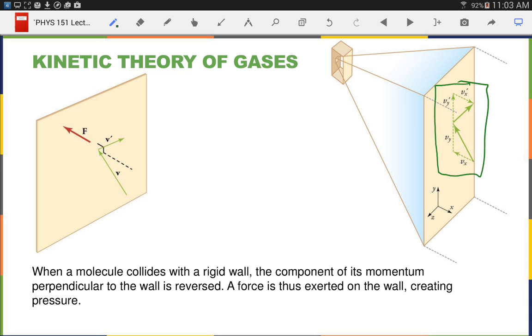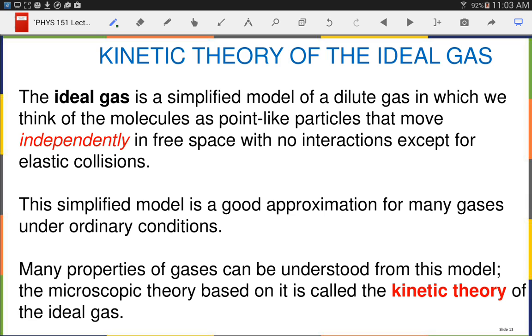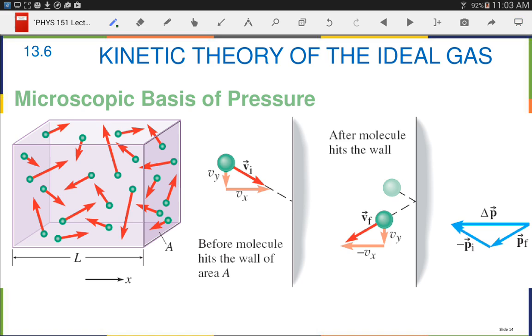So let's look at a box filled with a lot of molecules. After this slide, I put that in because it once again defined ideal gases. I have a box here, and I'm going to look at just this side of the box, and I'm going to calculate the average pressure on that side of the box. Now, I'm going to introduce a notation here that's not in your textbook.